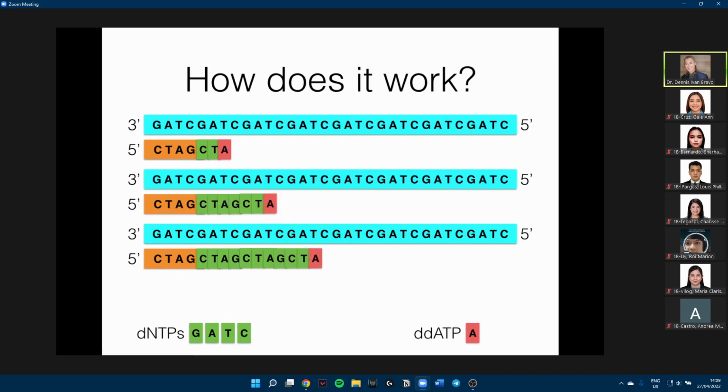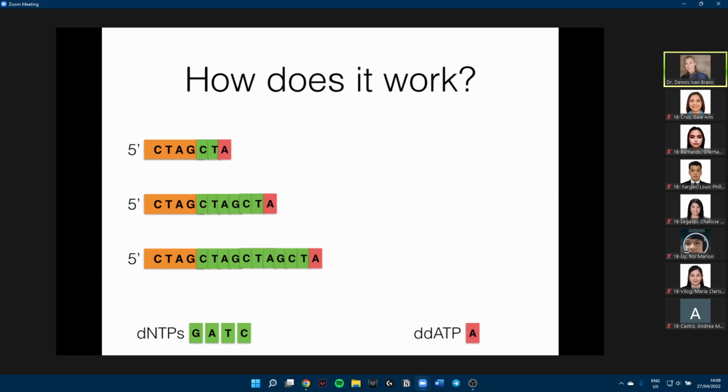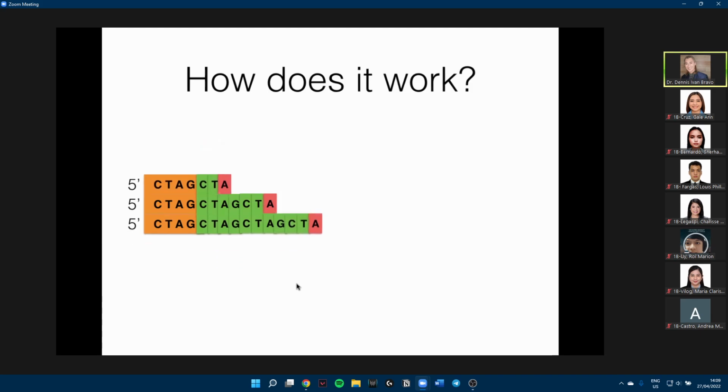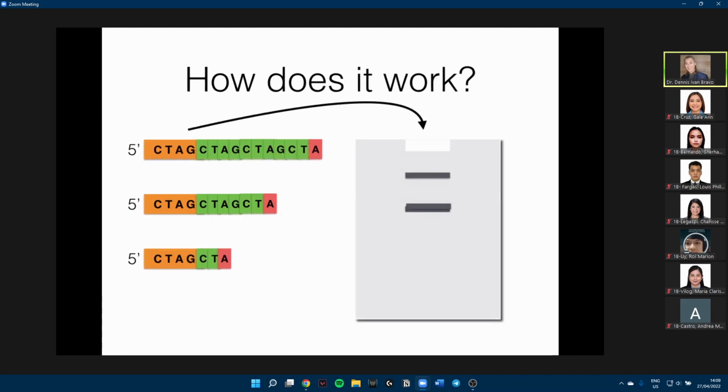So in the end, we have generated a lot of DNA fragments of different lengths, but all of them are ending with the letter A. These DNA fragments will be arranged according to size, from smallest to largest, using gel electrophoresis. I'm sure you know that this fragment corresponds to this band, and so on.